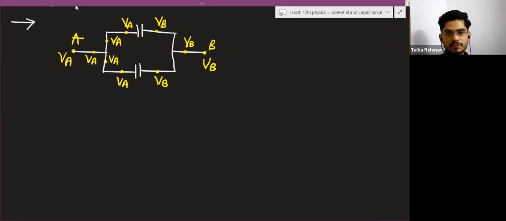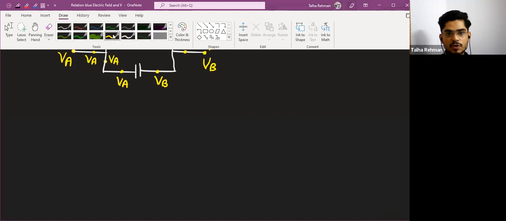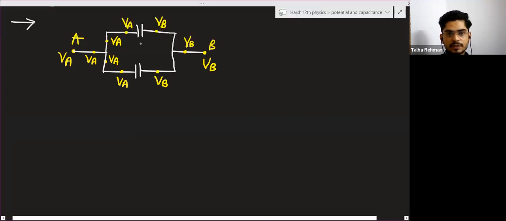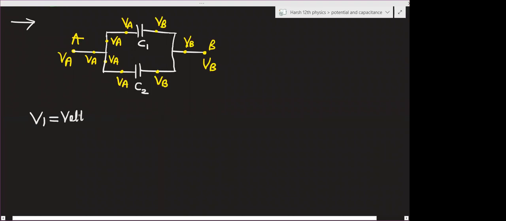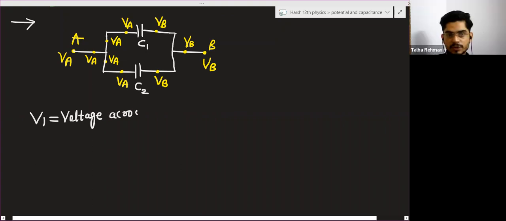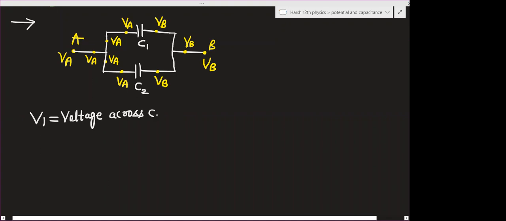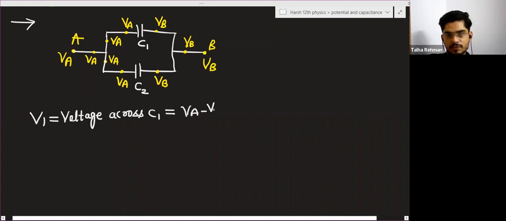Now the capacitor has capacitance C1, this one has capacitance C2. If I want to calculate V1, the voltage across capacitor 1, it is VA minus VB.